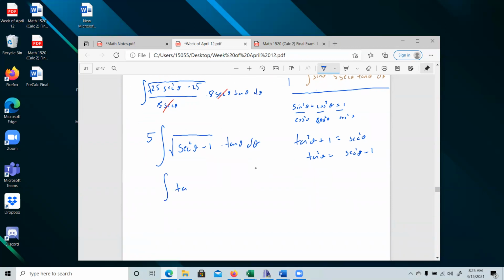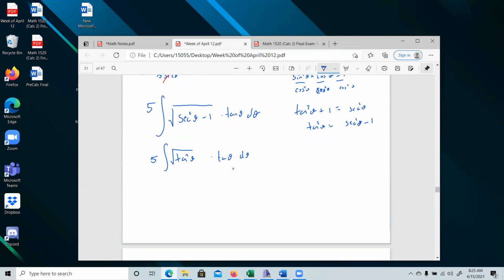So we have the square root of tangent squared theta, times tangent theta d theta, don't forget my 5. The square root of tangent squared, we're going to call that tangent. Okay, d theta, integral of 5. So we're going to have 5 times the integral of tangent squared theta d theta. I still have to integrate this.